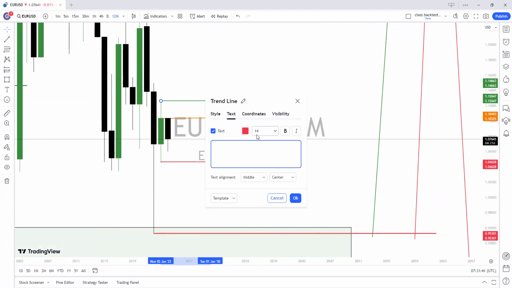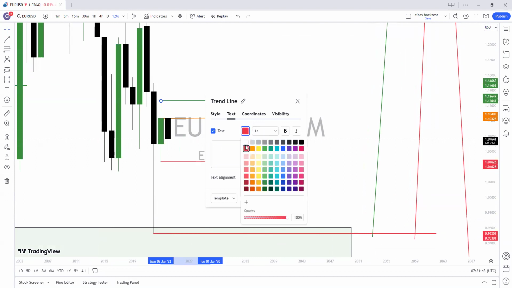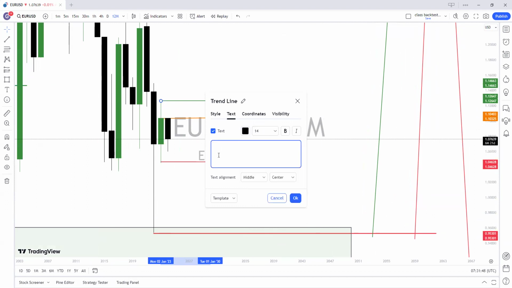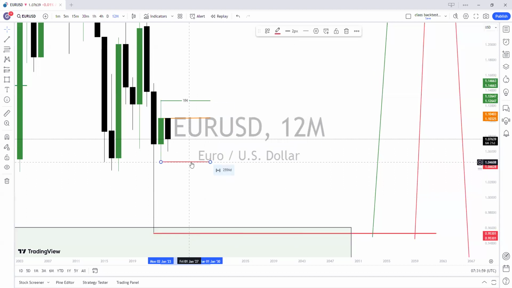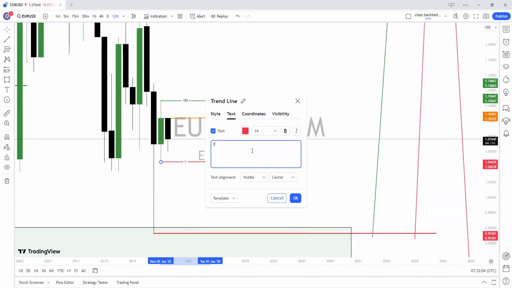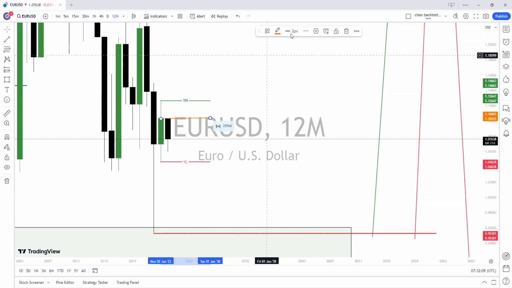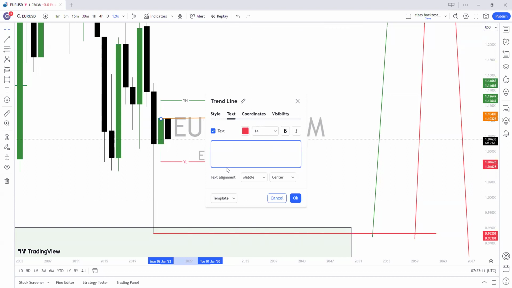So now this is what? Let's edit this. Let's use black. Previous year high, PHY, or you could just say yearly high. This also, yes, yearly low. OP, opening price.